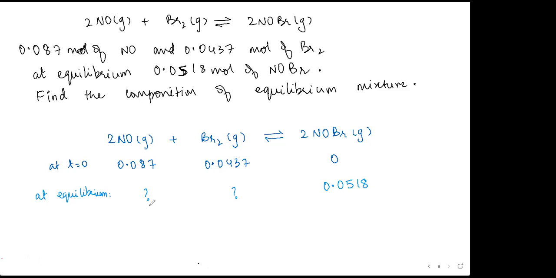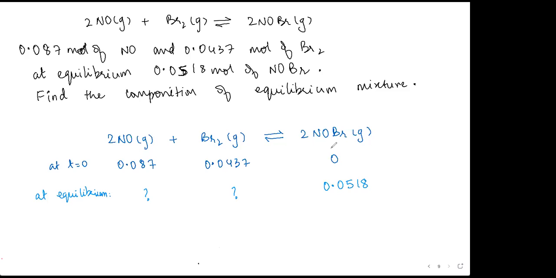Okay, how's it going? Okay. So initially you've taken these many moles of NO, these many moles of Br2, and nothing of this is formed. At equilibrium, you found that 0.0518 moles of NOBr is formed.